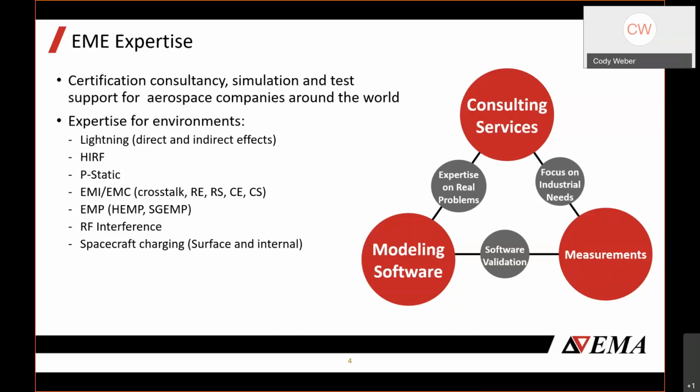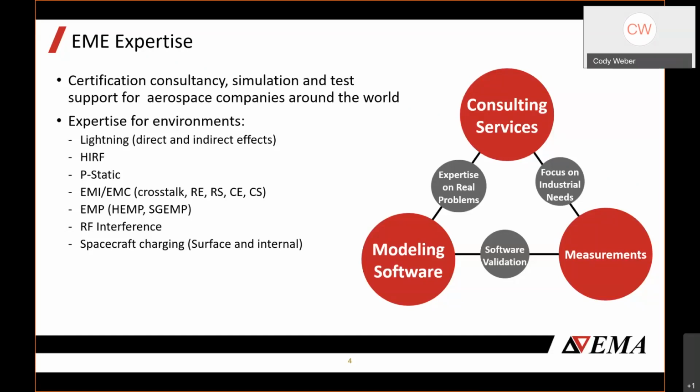And so we're talking about HIRF today, but the type of electromagnetic environments we also support are lightning, both from a direct and indirect effect standpoint, P-static, EMI, EMC, and that refers to crosstalk between cables, as well as all of the radiated or conducted assemblies you have to consider. EMP, both HEMP and SGEMP.